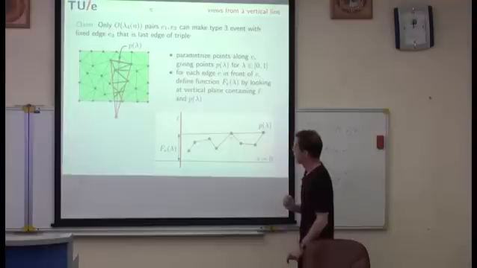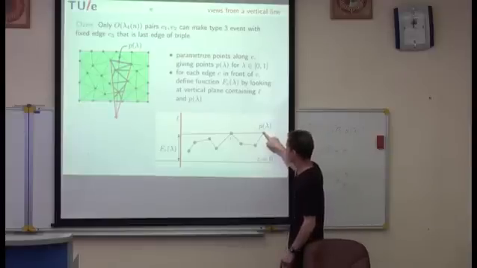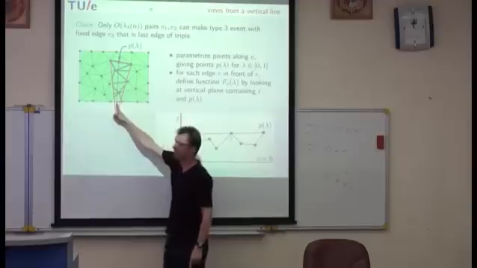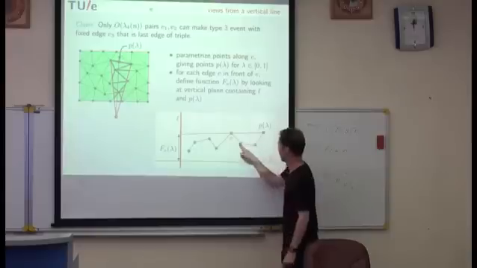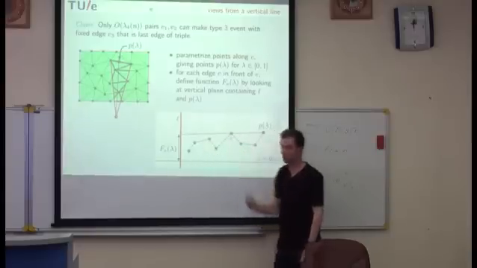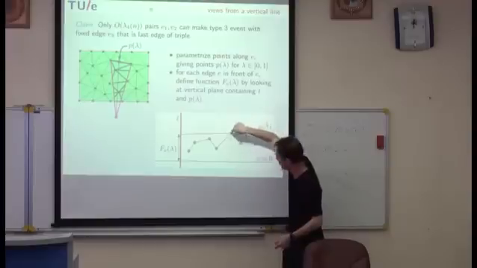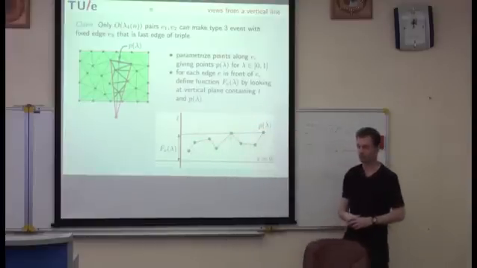So here I have my point P lambda in this vertical plane. And now each of these edges will intersect this plane in a point. Those are my points. You have to imagine that there's this terrain here, and I have edges passing through these points.